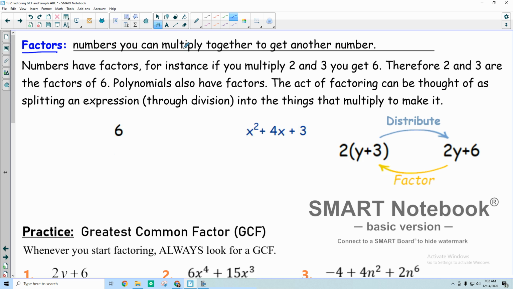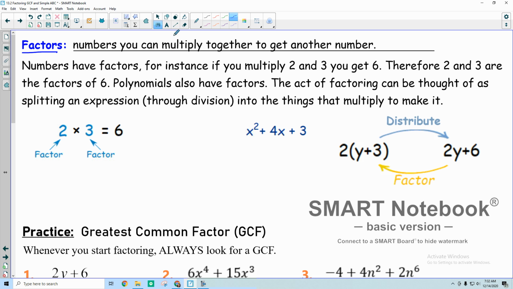So that might sound a little weird, but really it's as simple as this. Check this out. 2 and 3 are factors, okay? They're numbers that we can multiply together. You see they're being multiplied to get another number, which is 6. So we would say that 2 and 3 are factors of 6.